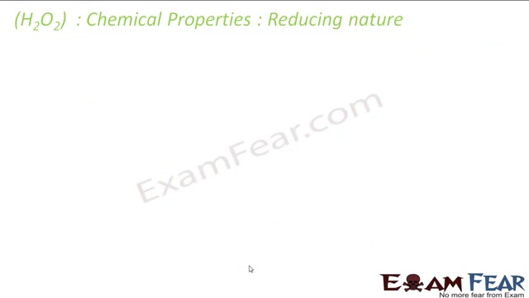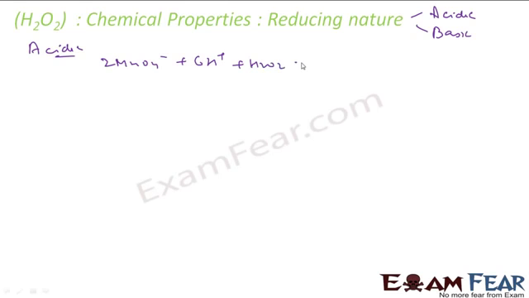As I told, it has reducing property both in acidic and basic medium. Let's take acidic first. So I have reducing property here now. So MnO4 minus, which is acidic, it will give you Mn2 plus and H2O plus O2.